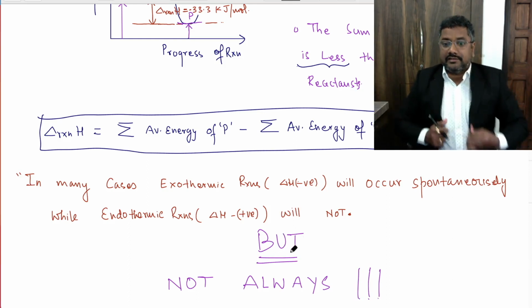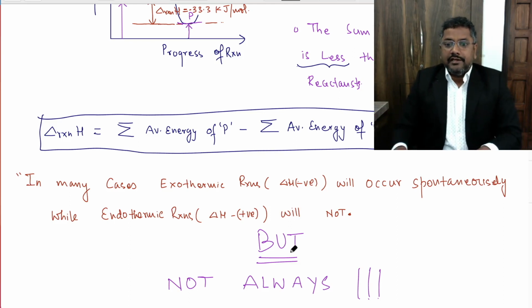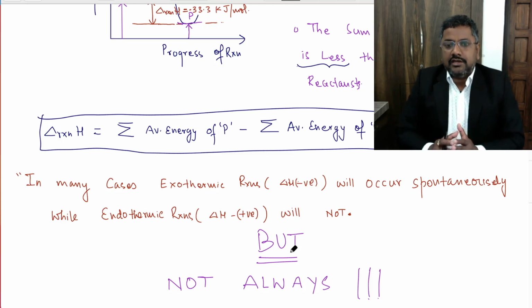Some other factors are also important here, which control the direction of the reaction, which control the spontaneity of the reaction. In the next few lectures we will develop the concept of enthalpy.